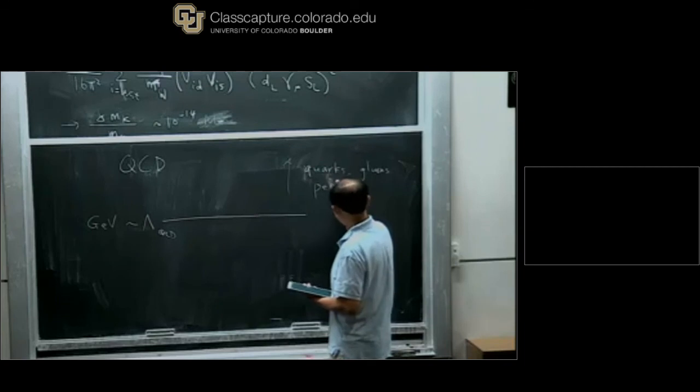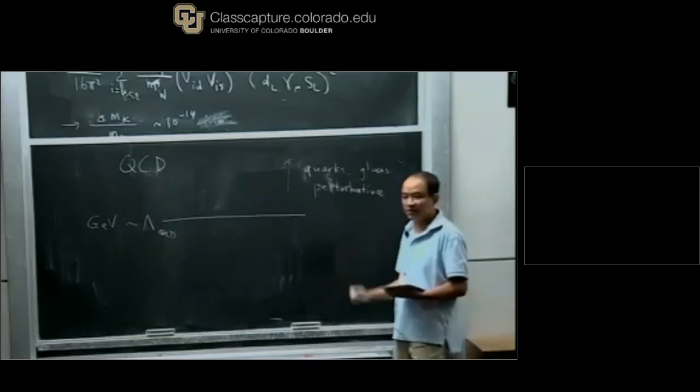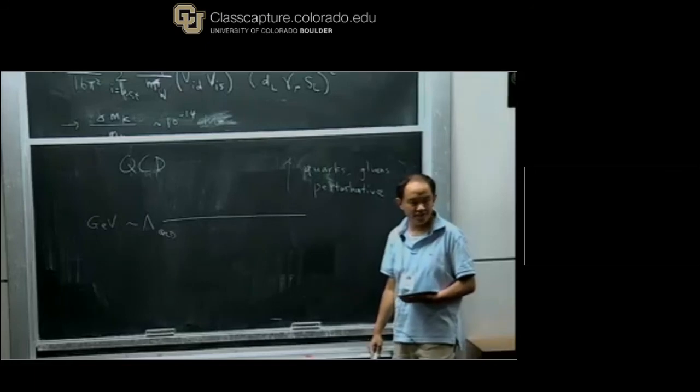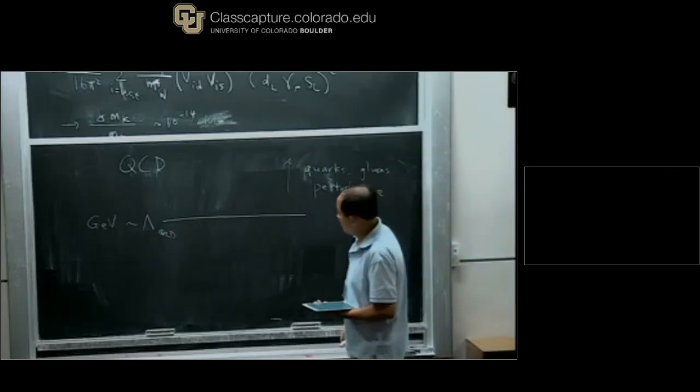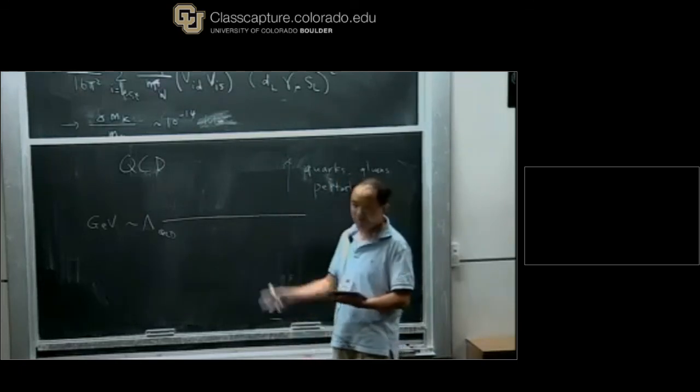It's very difficult, as you learned from Len's lecture, but in principle you can do perturbative calculations to predict observables. Around the GeV, I think only Tom knows what's going on.